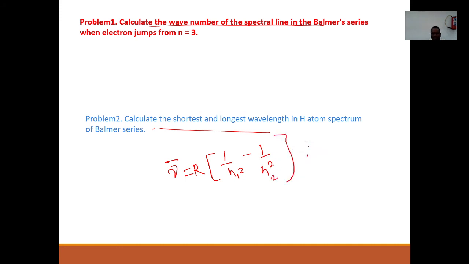Likewise they may ask problems. So please remember that. Don't forget this formula. So this is all about the problems of chapter number 1. Thank you.